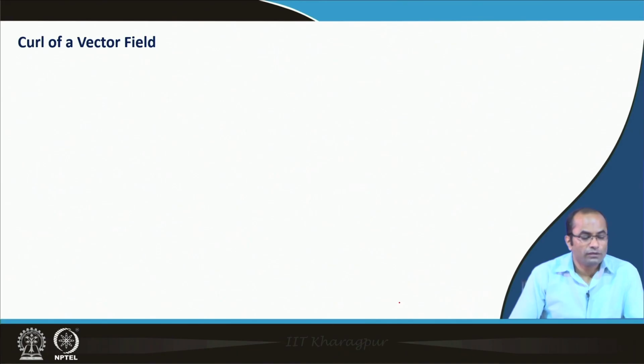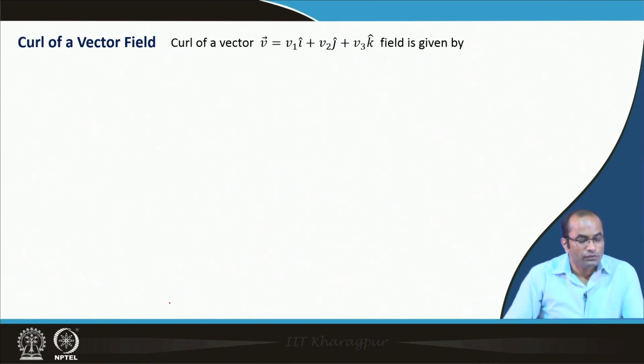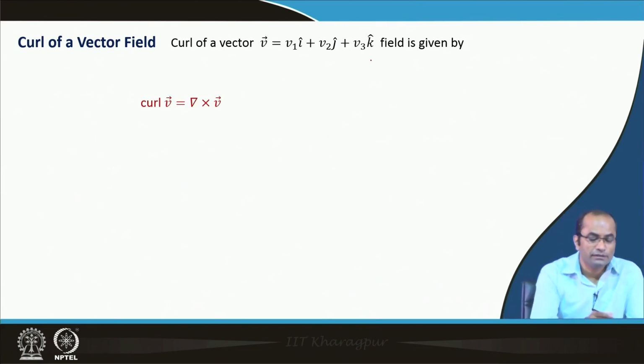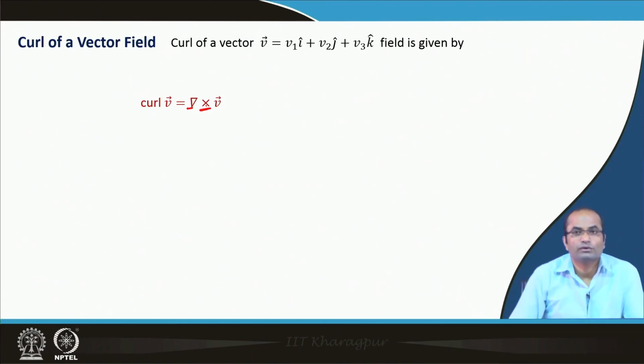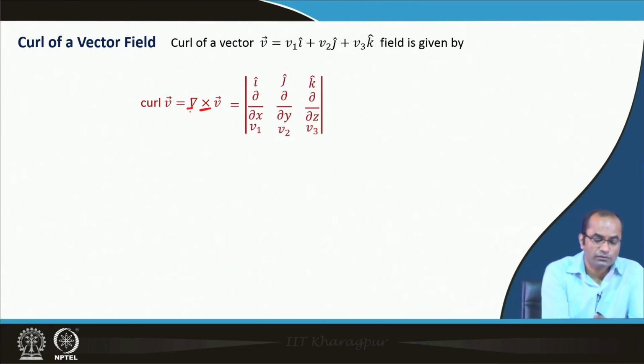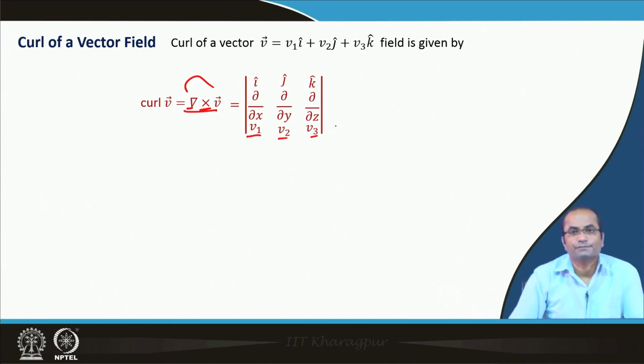Now, coming to the curl of a vector field, we define that the curl of a vector V given by V1, V2, V3 is curl V equal to del cross V. Instead of the dot product, we are now talking about the cross product with the vector field V. Naturally, this cross product we can define using i, j, k, the components of del: del over del x, del over del y, del over del z, and then the components of V: V1, V2, V3.